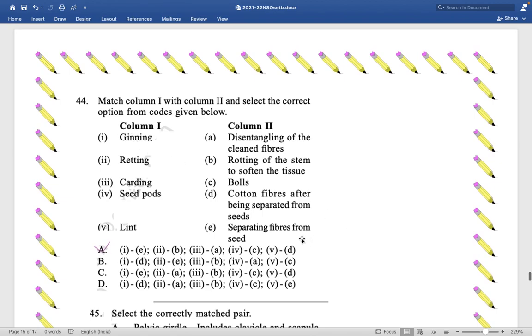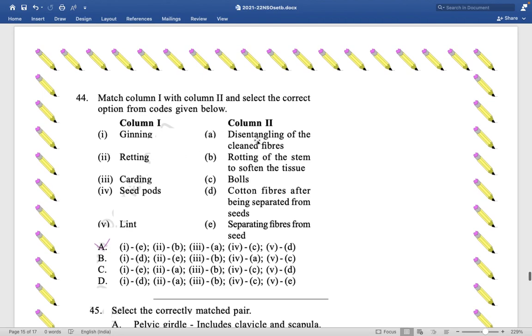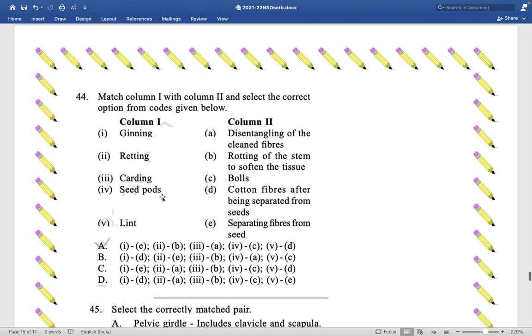Ginning is the separation of fibers from the seed. Retting is the rotting of the stem to soften the tissue. Carding is the disentangling of the clean fibers. Seed pods are the bolls. Lint is the cotton fibers after being separated from the seed.